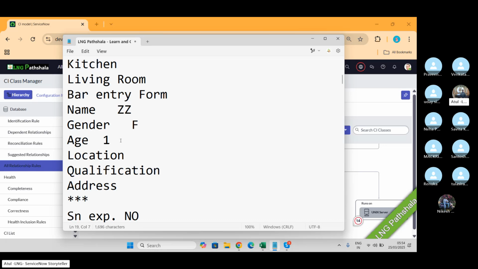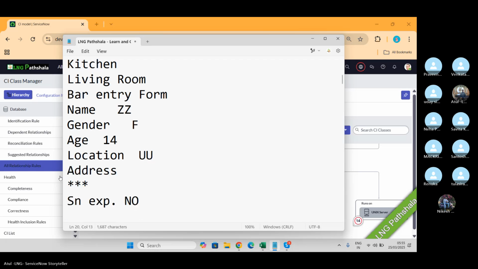Her age is 40. That girl fills the form and she wants to go into the bar. Complete information? Yes. Let me put this location, and this thing is not required. Now it is a complete form, 100% complete, yes. But does it have compliance?